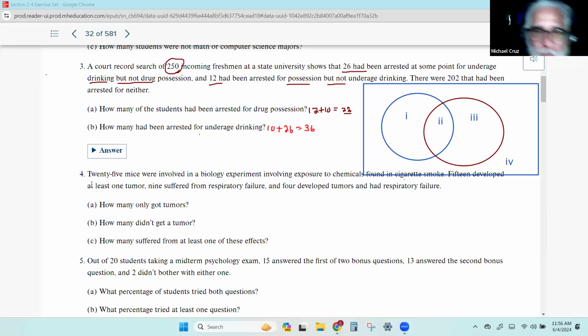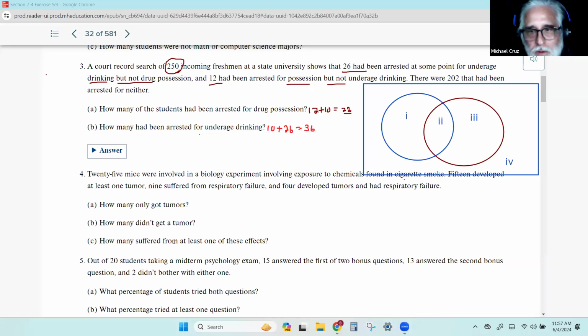All right. So 25 mice were involved in a biology experiment involving exposure to chemicals found in cigarette smoke. 15 developed at least one tumor, 9 suffered from respiratory failure, and 4 developed tumors and had respiratory failure.